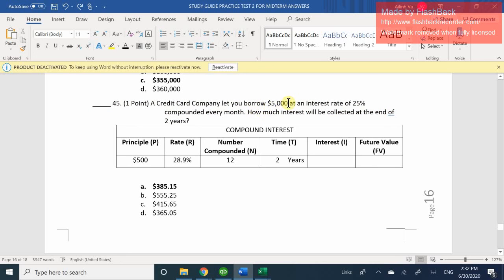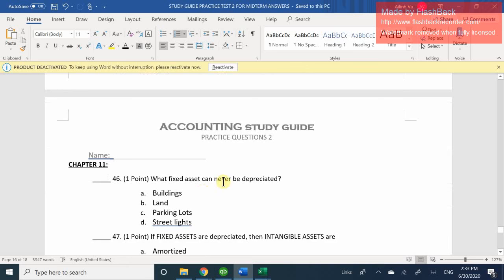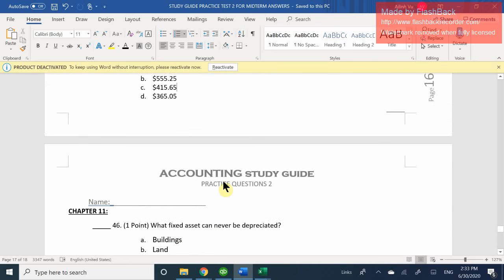So you have $500, and the interest rate is 28.9%. What is going to be the value in 2 years? Well, I got that one right. Okay, so there you go. File, save, and I just gotta make that correction. Okay, good.